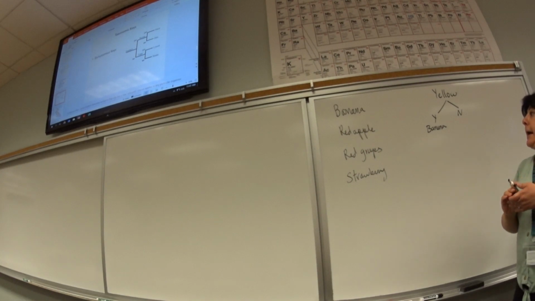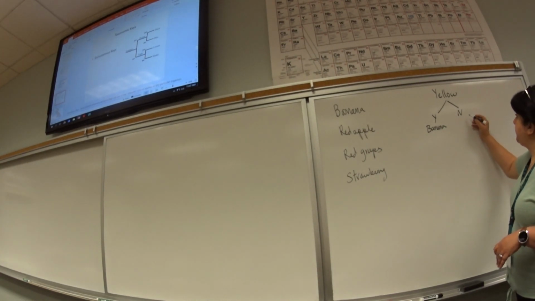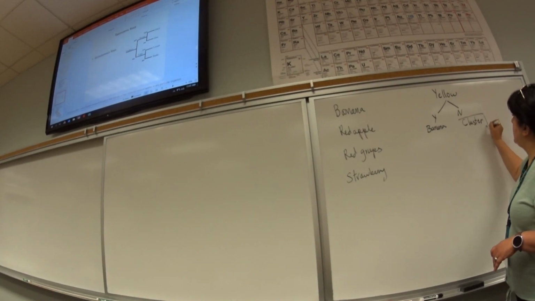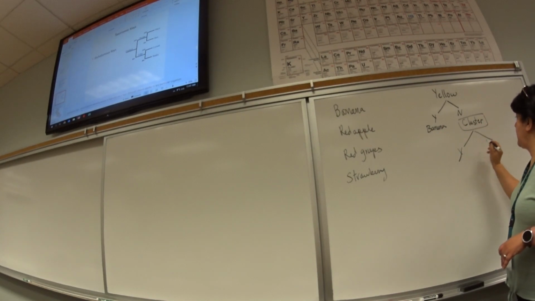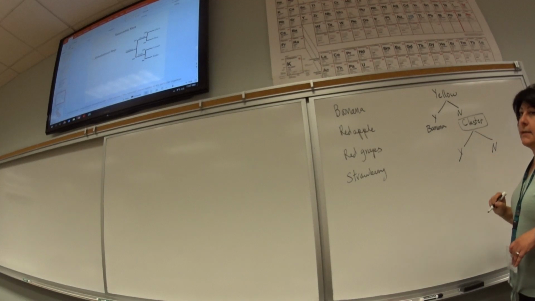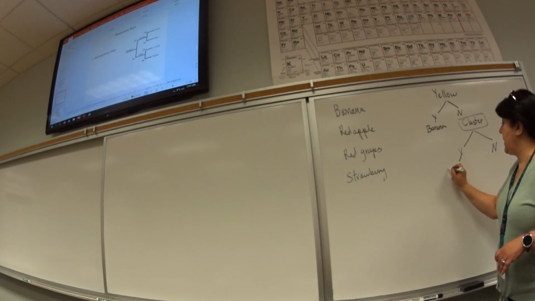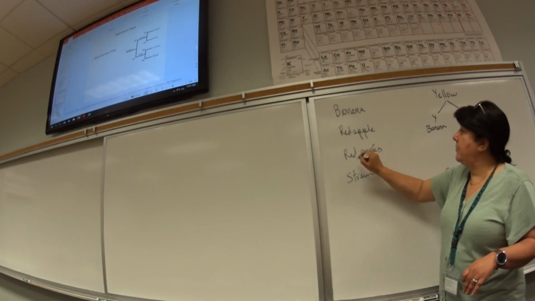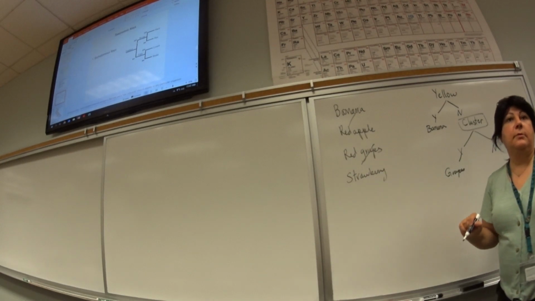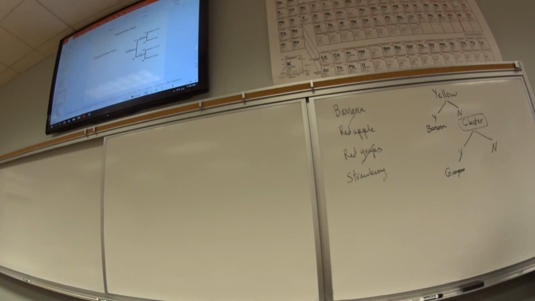So I'm going to say, is it a cluster? This is the other question. You keep the yeses and nos on the same side. Yes, it is a cluster, so therefore it is grapes. No, it isn't. Now I've gotten rid of this, it's these two: red apple and strawberry. Seeds on the outside, has a pit.